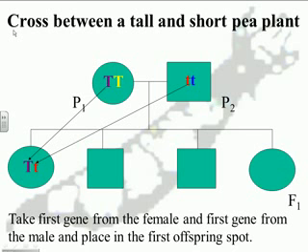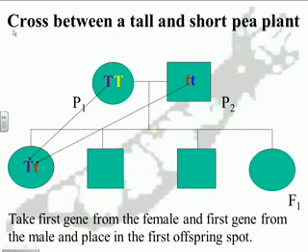Now, what type of gamete is this plant part going to produce? Sperm. So in the sperm, there's either going to be this gene, which is red, or this gene, which is blue.